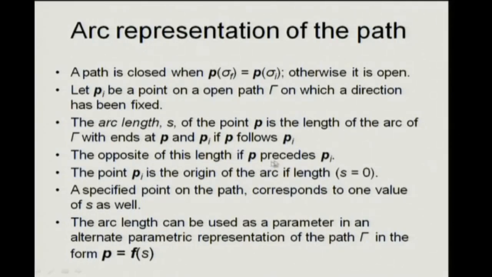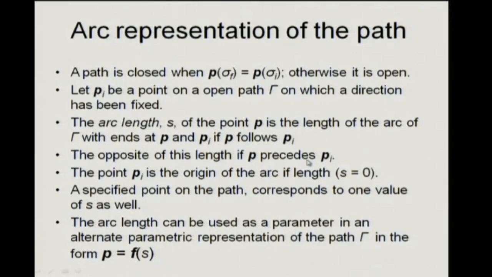So you generate an arc and you say this is the length if f increases from this value to this value, and this one follows it with increasing s. So there is a sense of direction given on it also. Basically, what I am telling you is the sign parameter and the formal direction, the opposite of this length if P precedes Pi. So if you take 2 points, whether it precedes or follows depends on the value of s, and that is important.